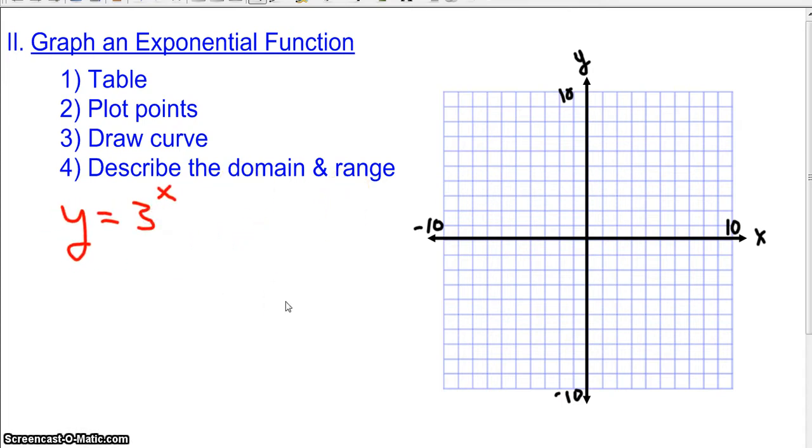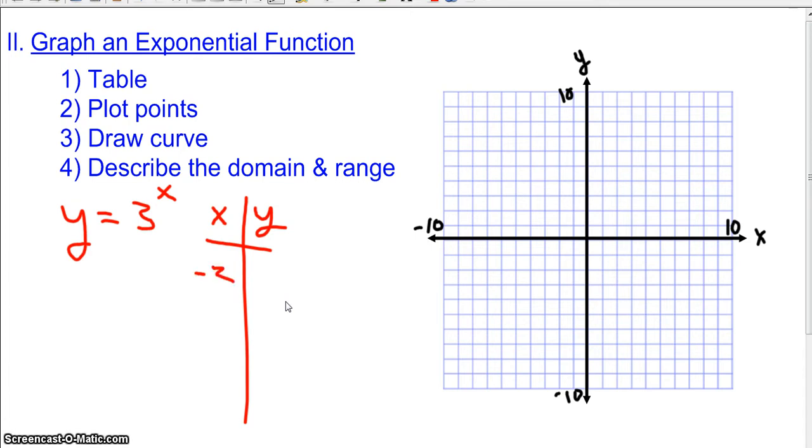So here's a basic exponential function, and we're going to make a table. And when we don't know what's going on with a graph, what do we normally use as inputs? We use 0, we use 1, 2, we use -1, -2, right.